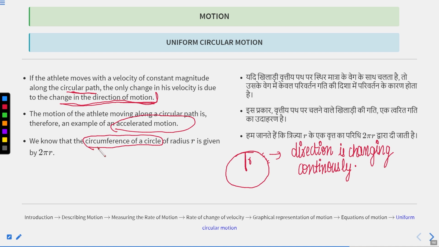And what is the formula for the circumference of a circle? Circumference is 2 pi r, where pi is 22 by 7. And what is circumference? The path length of this circular track.